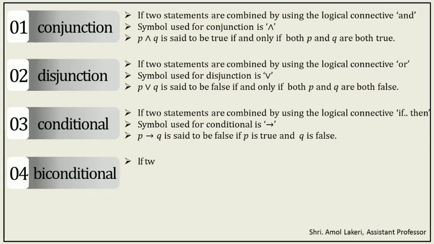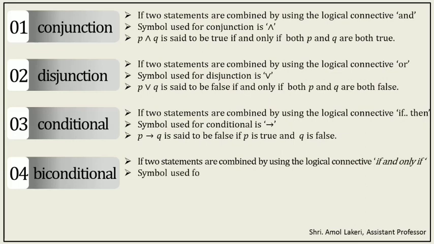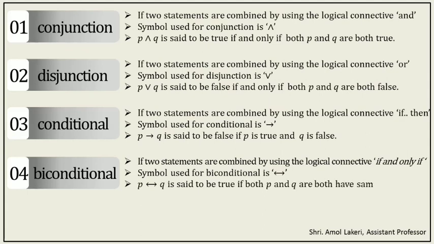Fourth one is biconditional. If two statements are combined by using the logical connective if and only if, then it is called biconditional. It is read as p double implies q, and it is said to be true if both p and q have the same truth values.